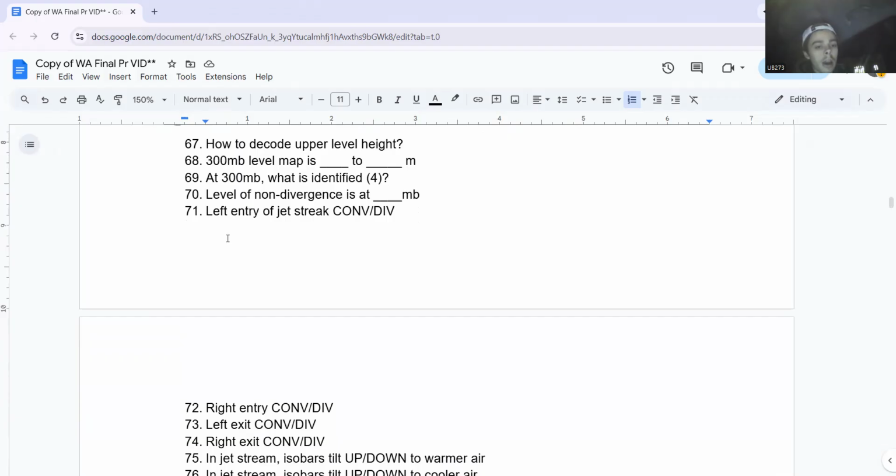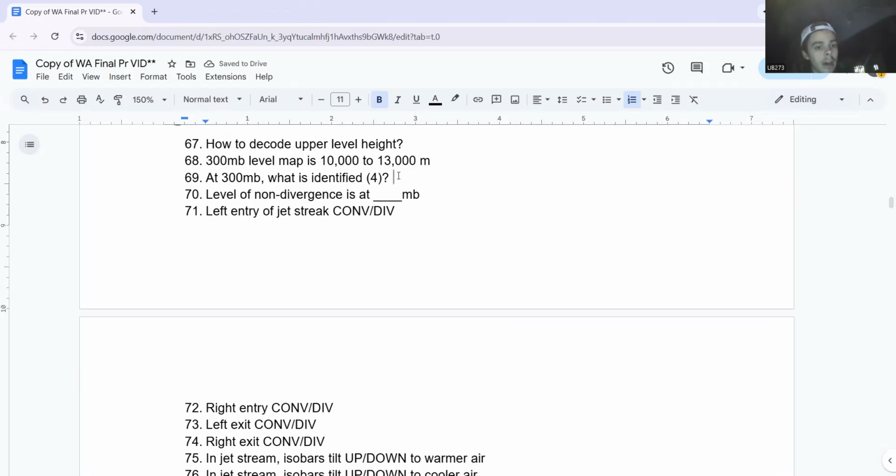All right. So 300 millibar level. What meter heights is that approximately at? Not everywhere, because once again, the 300 millibar map is going to have that pressure everywhere, but differing heights. So it's going to be about 10 to 13,000 meters.